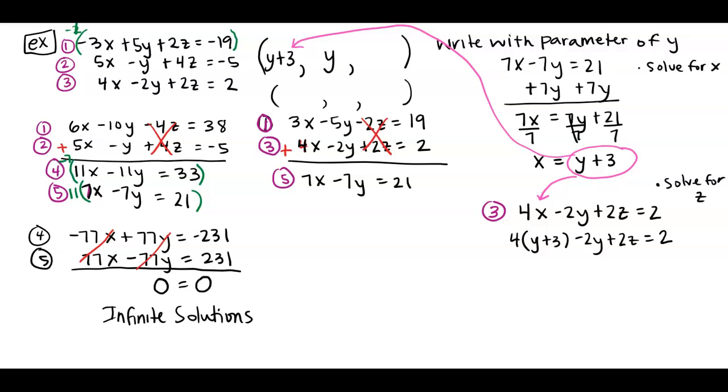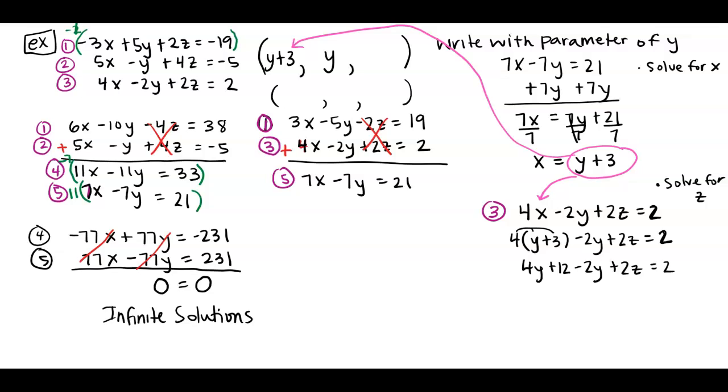I know my x, I know my y, now I need to find z. And these 2's are kind of looking like z's, so be careful with that. All right, so let me distribute this through. So we get 4y plus 12 minus 2y plus 2z equals 2.